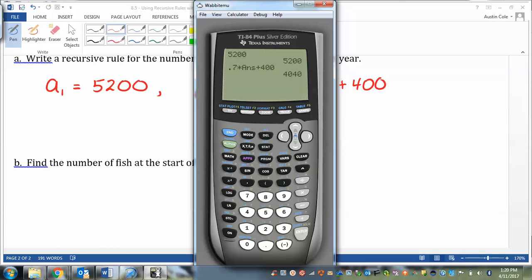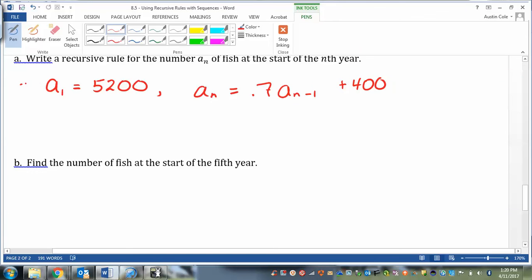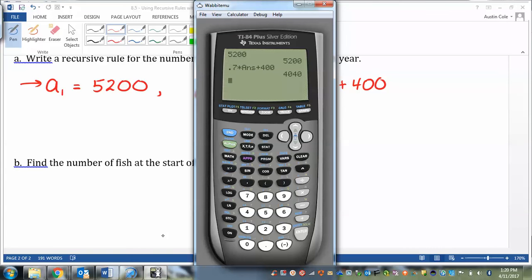So that's how many fish there are going to be after 1 year or 5 years? It's 1 year. I know we haven't plugged this. I think that would be the second year, because didn't they say that this is A sub 1 right here? So that's the first year. So this would be the second year.